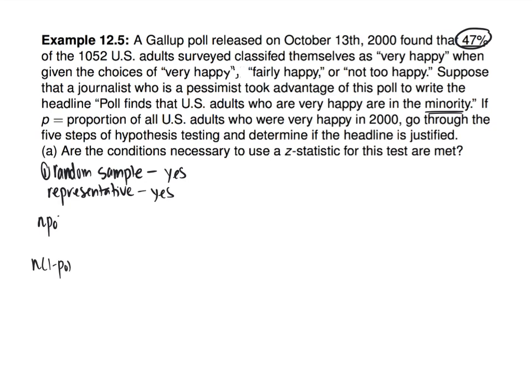Let's do p naught. In this case, our null proportion would be 50%. So 1,052 times 0.5 and 1,052 times 1 minus 0.5. Well, those are both bigger than 10.